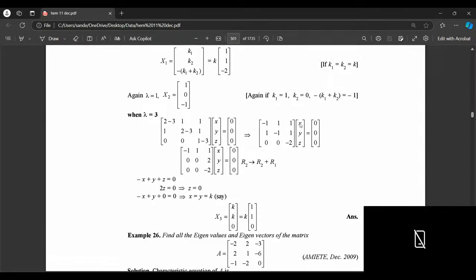You may get different equations for a different eigenvalue. First put lambda equal to 3. It will be 2 minus 3, 1, 1, 1, 2 minus 3, 1, 0, 0, 1 minus 3 into x, y, z equal to the zero matrix 0, 0, 0.